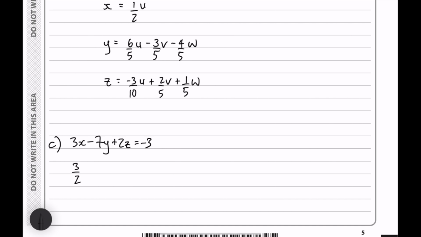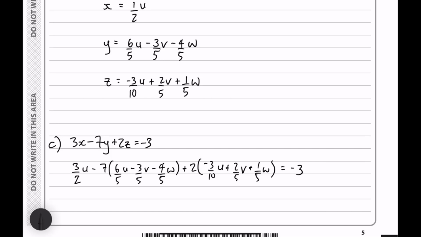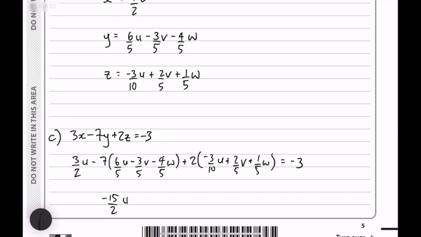First one nice and easy, 3 over 2 u minus 7 lots of, not quite so nice, but still fairly straightforward process, and 2 lots of z, and then we still have the minus 3, and if I grab my calculator, that gives me minus 15 over 2 u, and then we've got, with my calculator again, a 5v and 6w.